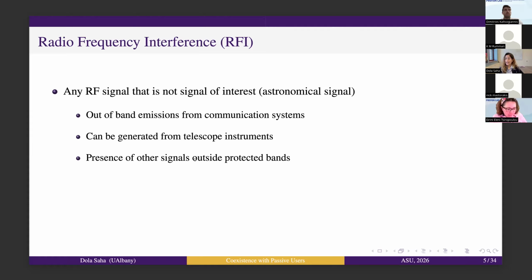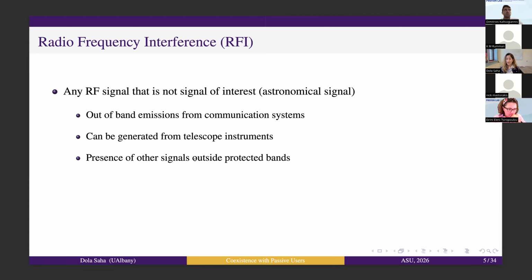So any kind of out-of-band emission from our communication system, so the base station is transmitting and its harmonic might show up in some other part of the frequency. If we are actually doing communication, it might not matter because the amplitude is so low, but for radio astronomy, it does. It can even be generated from the telescope instruments that are actually measuring.